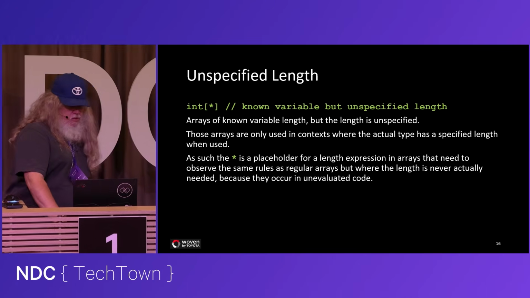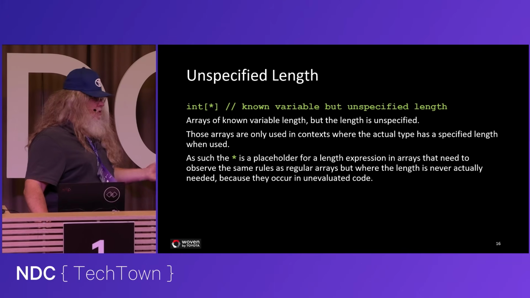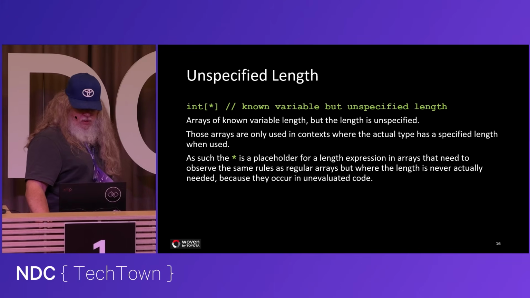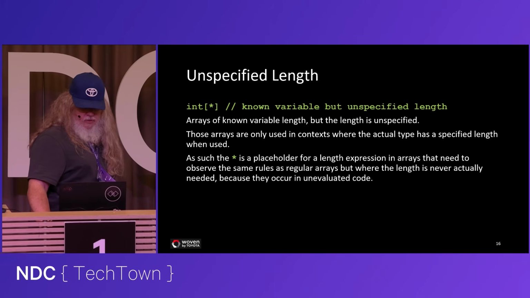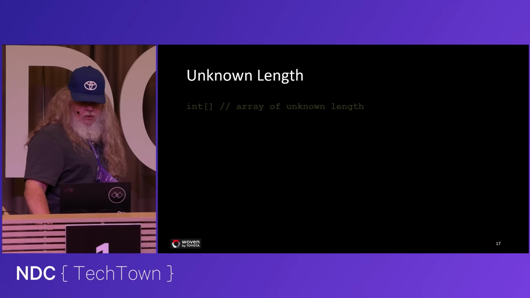So it's a placeholder really for the length expression. It's kind of the wild card, it will match anything with this use of the splat operator. Again, it can be used in places where you need some sort of placeholder, but the length isn't needed at that point in the code.